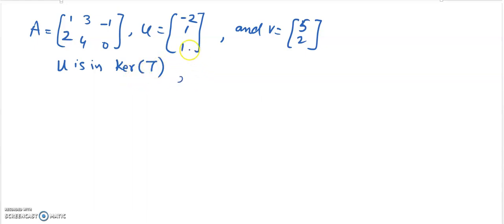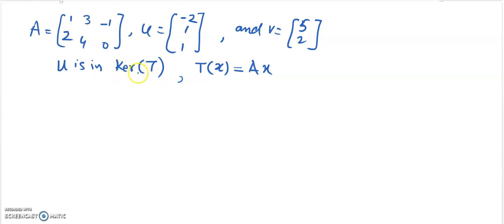As we know, T is the symbol for the linear transformation, which is represented by AX. So if, for example, AX is a zero null matrix, then we will say that U will be in the kernel of T.